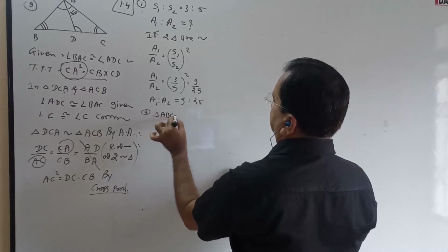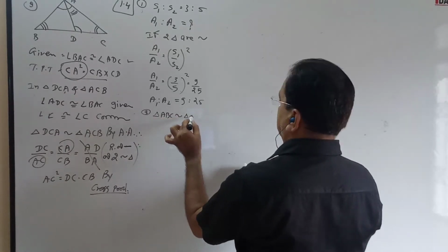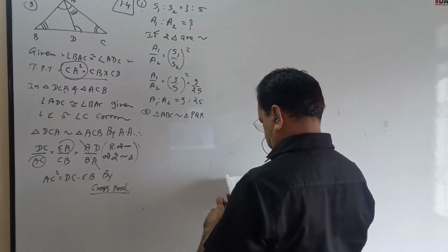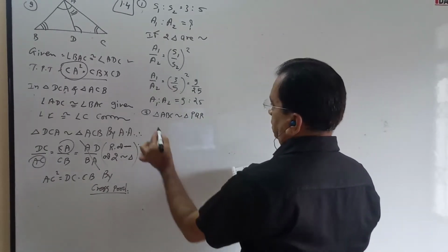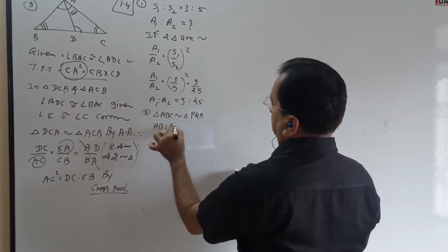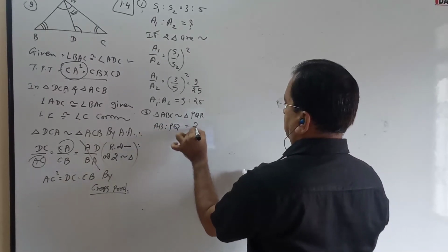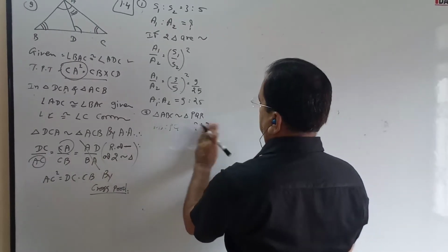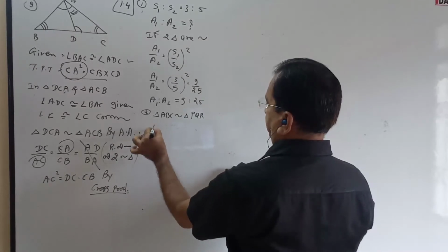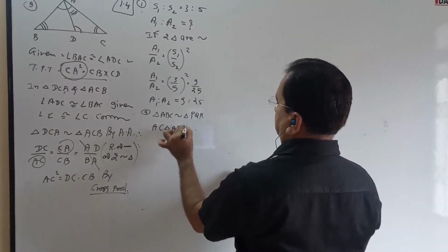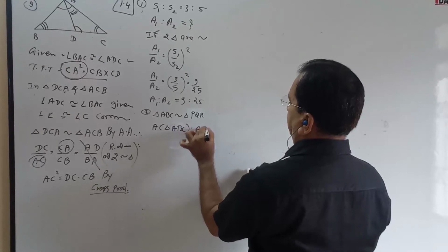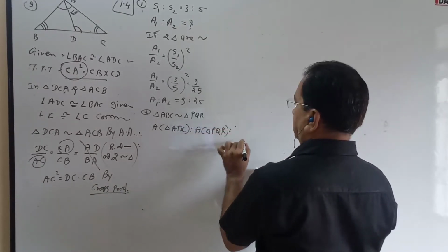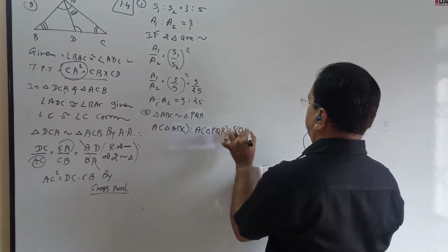Triangle ABC is similar to triangle PQR. AB, PQ. It is given the area of triangle ABC is to the area of triangle PQR as 80 is to 125.